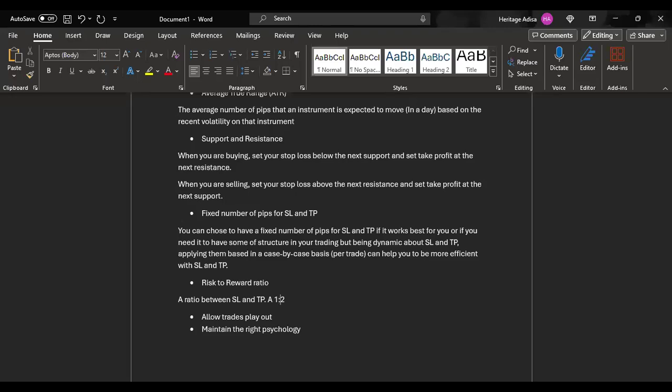The 1-to-2 ratio would mean for every $1, or let's say 1 pip risked, you're looking to make $2 or 2 pips.